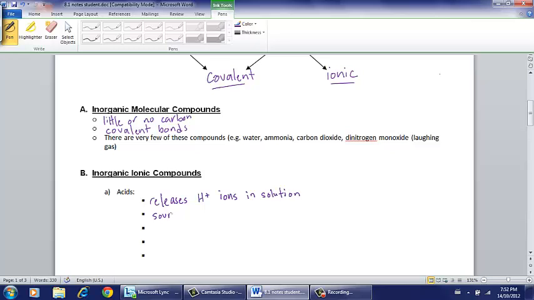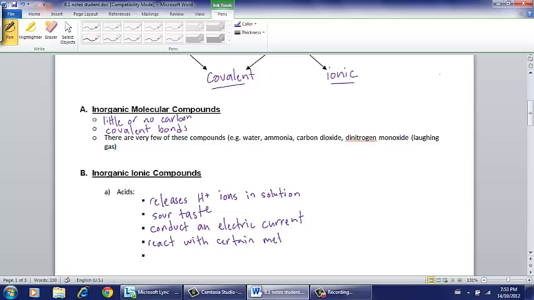Acids have a sour taste. Acids conduct an electric current, just like all inorganic or ionic compounds do. They react with metals, not with all metals, but with certain metals to produce hydrogen gas.